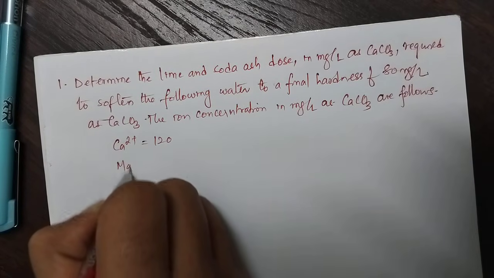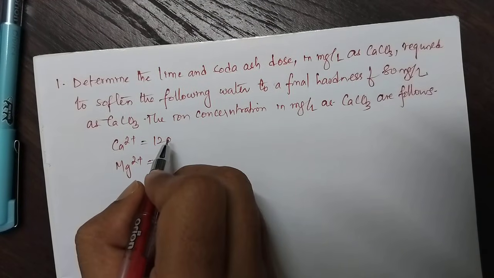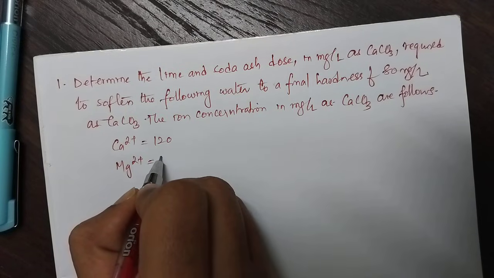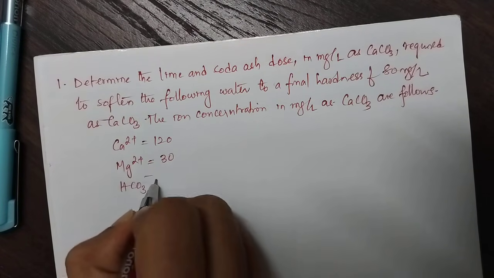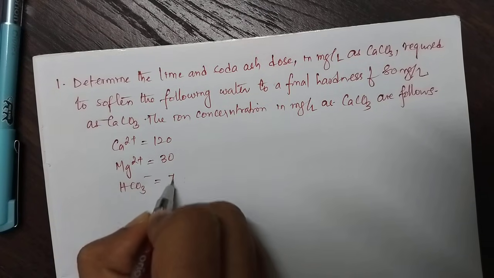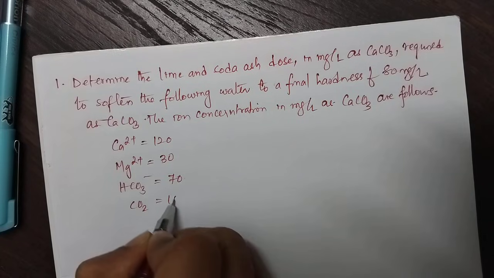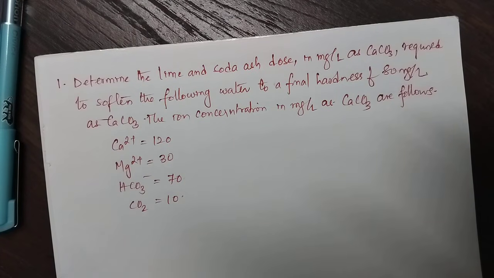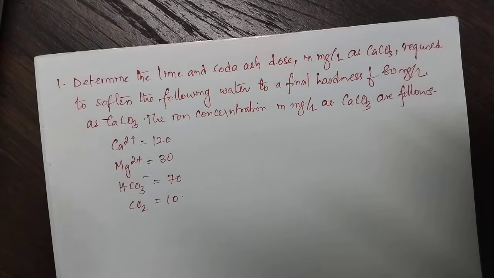The concentration of Mg2+ is 30. The concentration of HCO3- is 70 and the concentration of CO2 is 10. Okay, so we need to calculate the dose of lime and soda ash which are required.